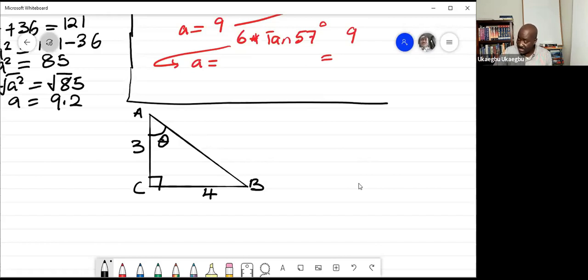Let's say Pythagorean theorem: C squared is equal to A squared plus B squared, right? So we have A and B and we don't know C. So C squared is equal to A is 4, so 4 squared plus B is 3, 3 squared. So this gives us that C squared is what?